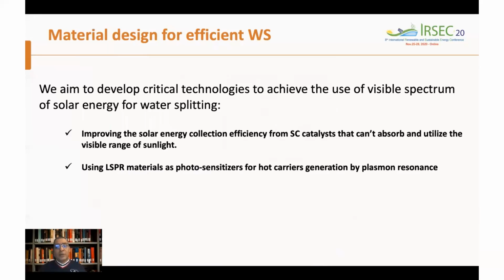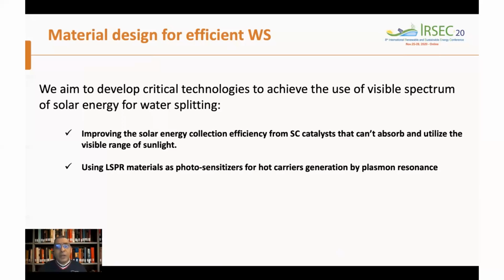So how to do that? We first have to improve the solar energy collection efficiency of the semiconducting catalyst. It has to absorb and utilize the visible range of sunlight. So we have to find a way to extend the light absorption of the semiconducting material to the visible region.